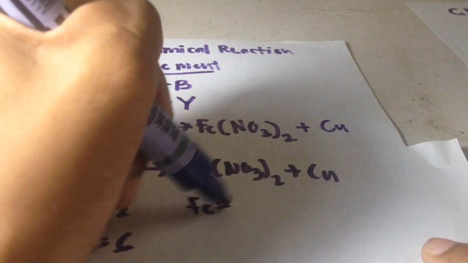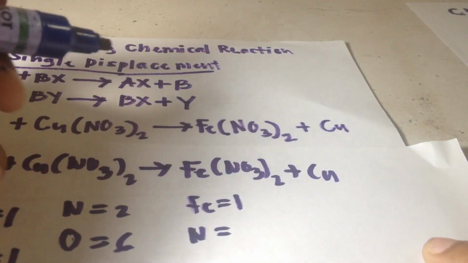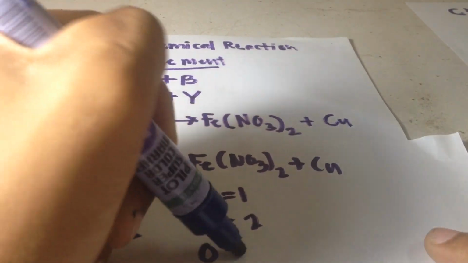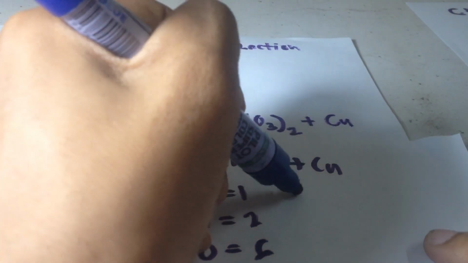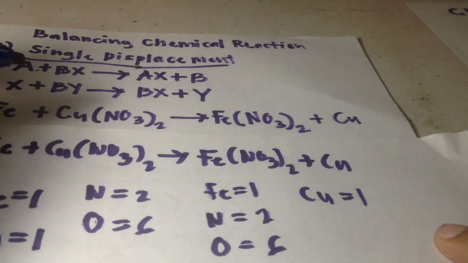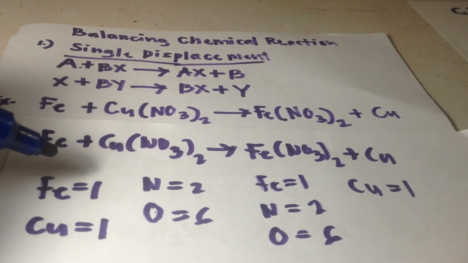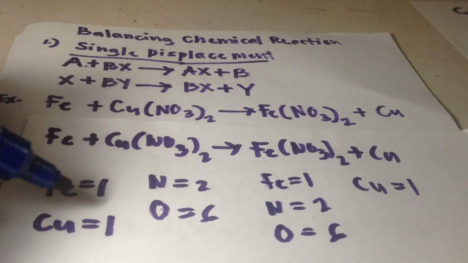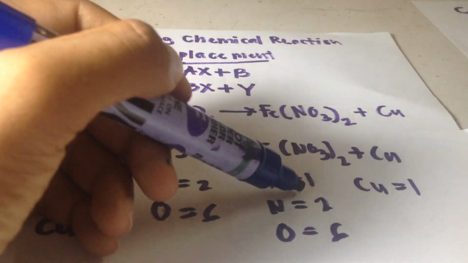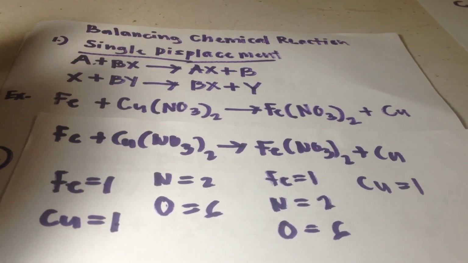Iron has a subscript of 1, nitrogen has 2, oxygen has 6, and copper has 1. So I think they're all balanced, and we don't need to multiply by a coefficient. So 1, 1, 2, 6, 1, 2, 6, and 1. It is balanced.